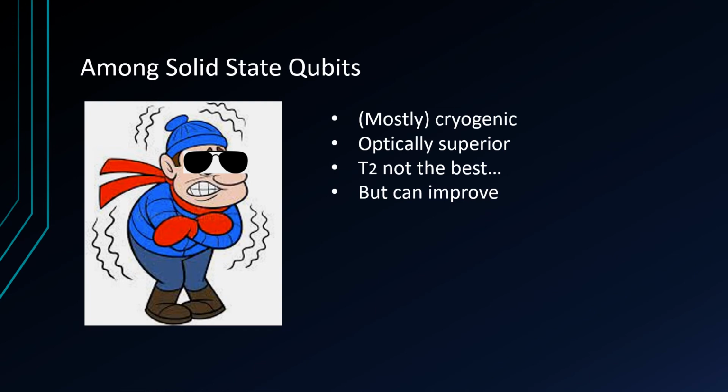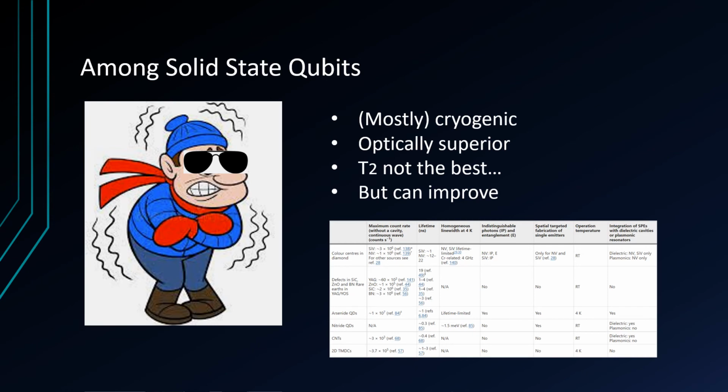Zinc oxide donors also have an edge over III-V semiconductor quantum dots, which have a very spin-dense nuclear environment, while in zinc oxide, besides the donor, there's only the natural 4.1% abundance of spin 5/2 zinc-67. Here is a table that has some other important solid-state qubit types and some of their important metrics.